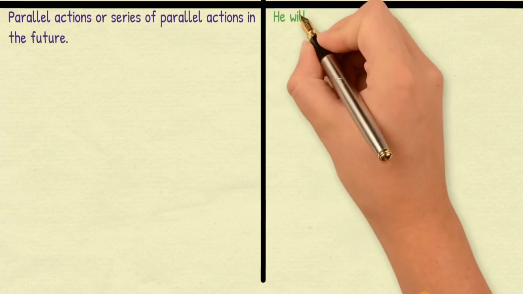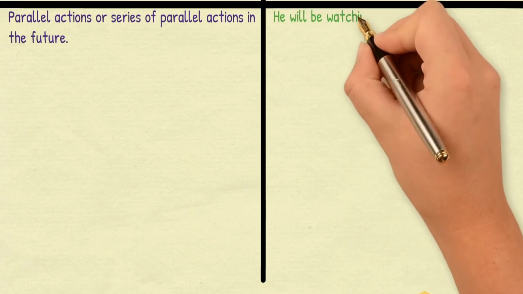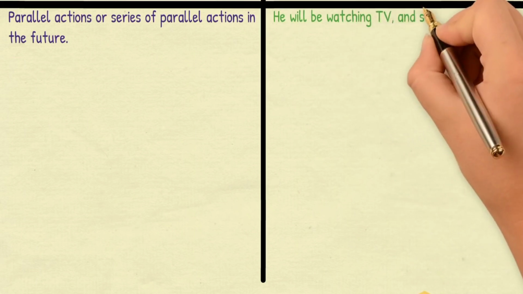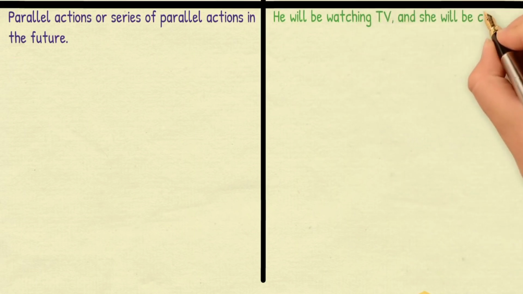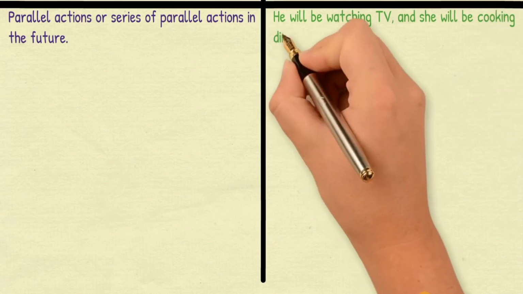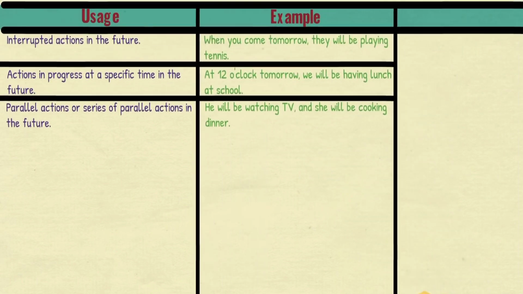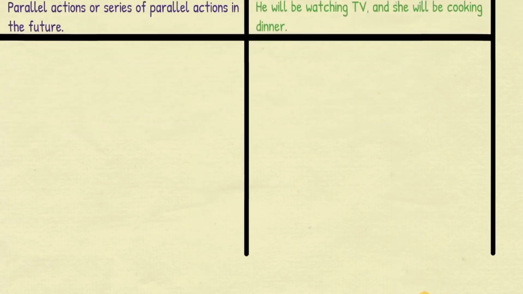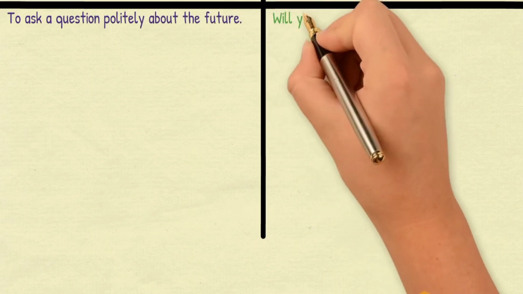Parallel actions or series of parallel actions in the future. He will be watching TV and she will be cooking dinner. To ask a question politely about the future.